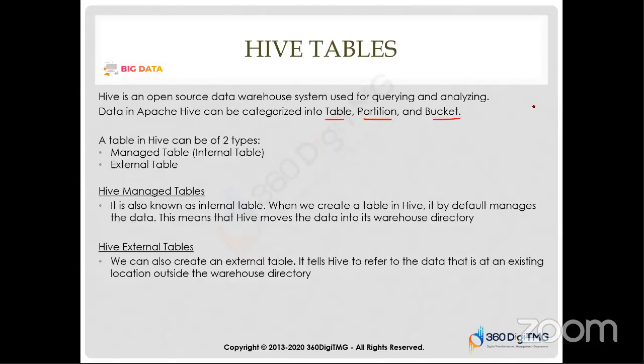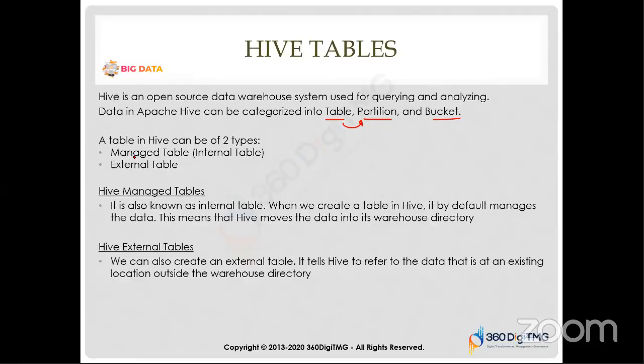Or you can say a partition is basically having multiple buckets. You can talk about that as well. And one table can be partitioned into multiple subtables. Okay, this is how we basically have the data segregated in Apache Hive: tables, partitions, and buckets.